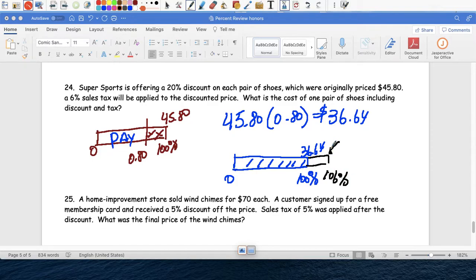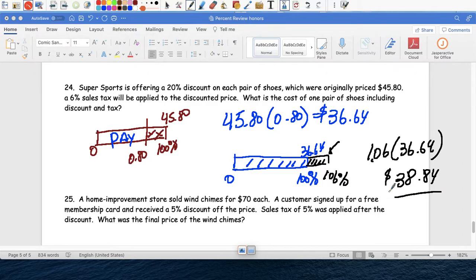What is the price of the shoe plus the tax? That would be 106%, or 1.06, times 36.64. 1.06 times 36.64 gives us $38.84. I think that might be a 1 penny difference, and that's because of the rounding.